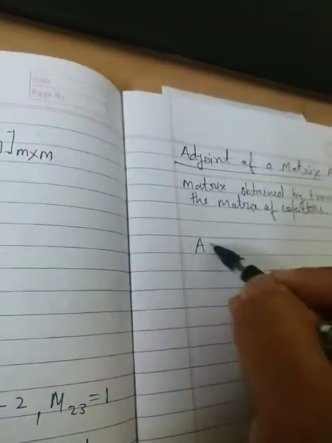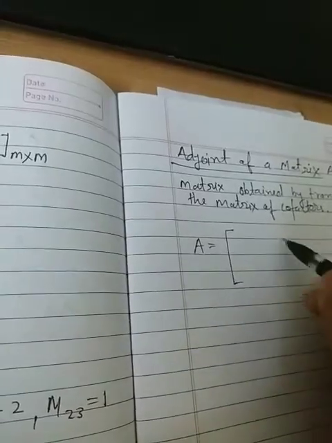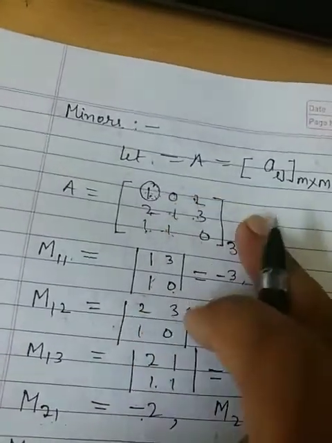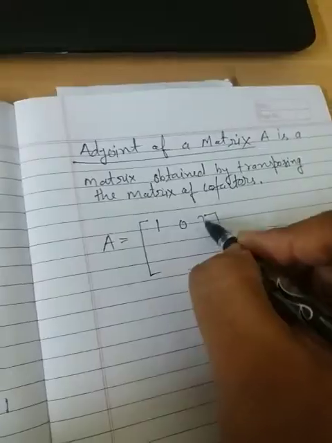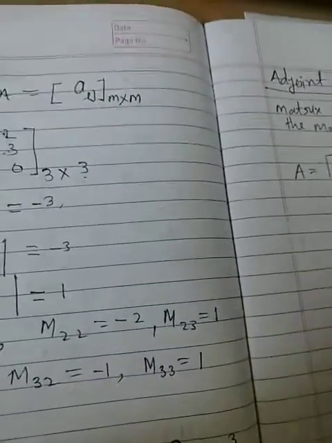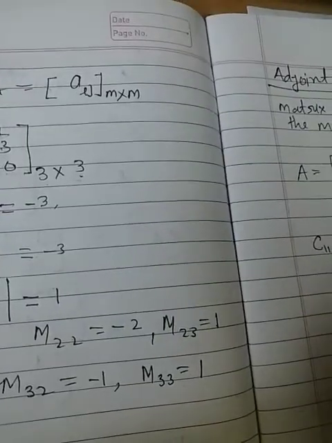It might not be clear to you right now, that's why let us have one example. Let us have this example of a matrix of order 3 cross 3. Let us consider the same matrix: 1 0 2, 2 1 3, 1 1 0. So you have got each and every cofactor.